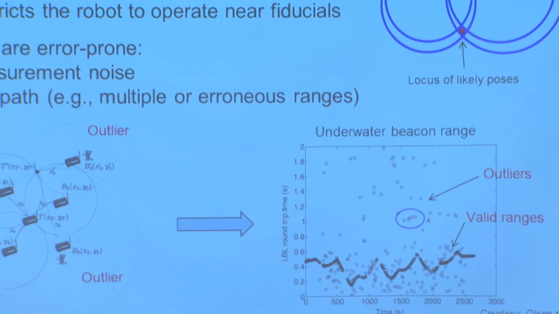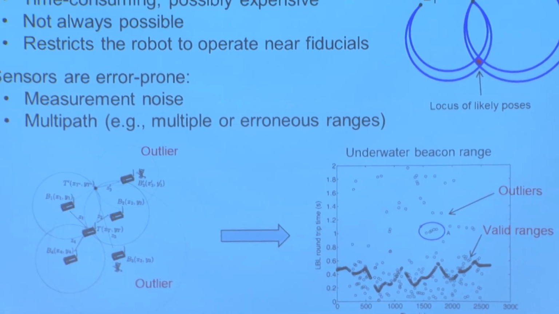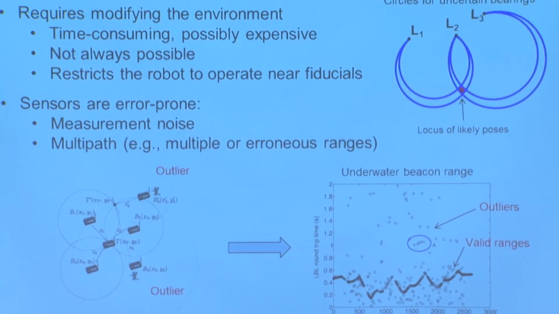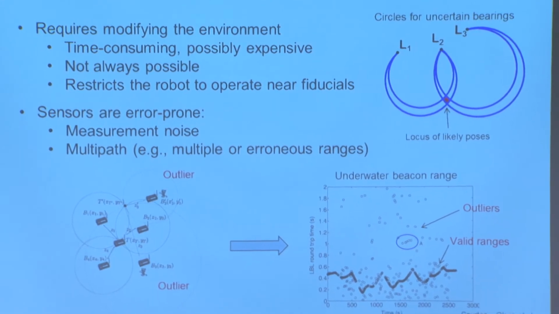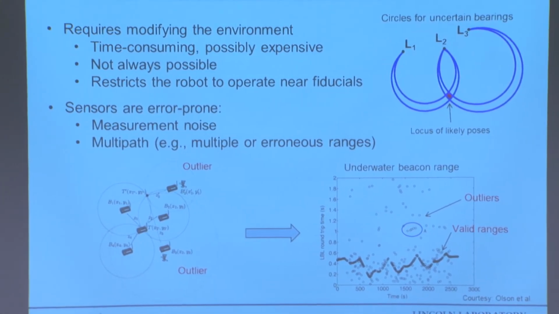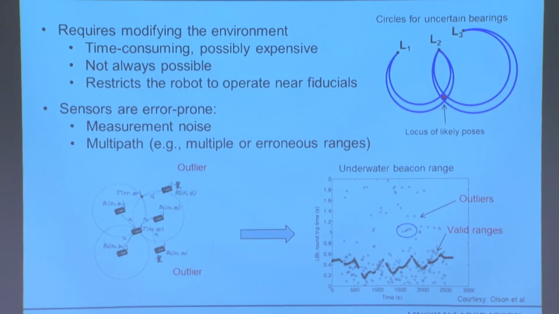The other challenge with fiducial-based localization is that it requires you to augment your environment. So in some environments, you can't go out and do that. I can't go place an AR tag on every single tree in every single forest. That's just not practical. So instead, we can only augment the environment, or a subset of the environments that we might want to operate in.